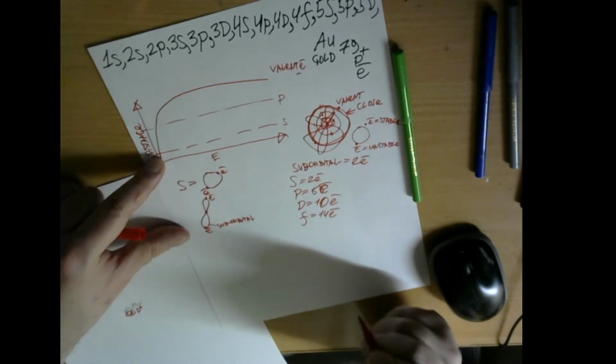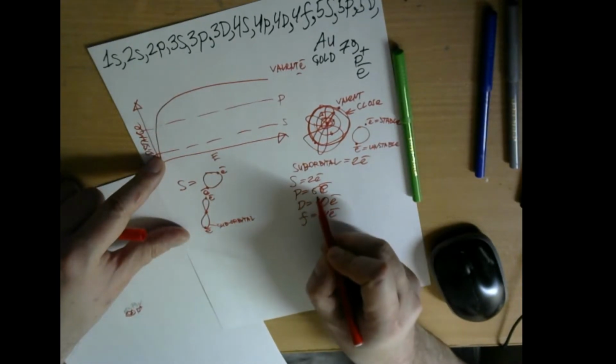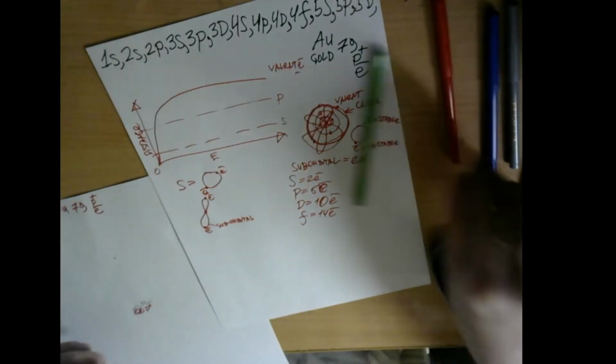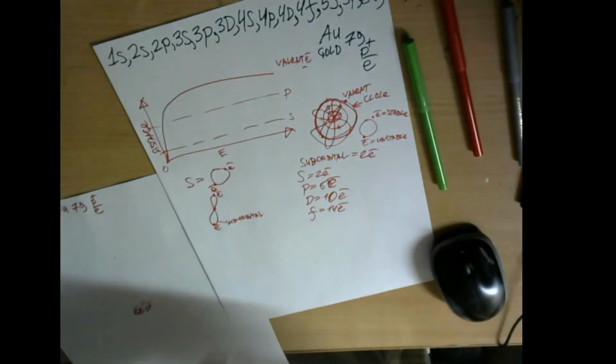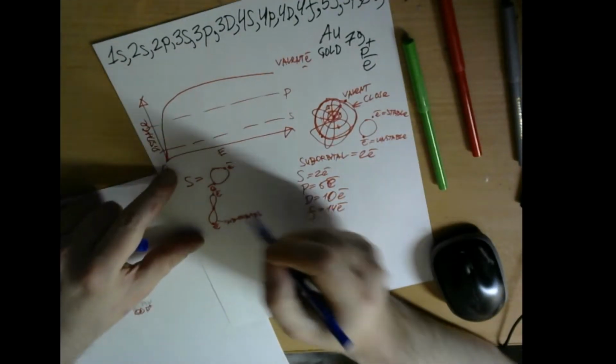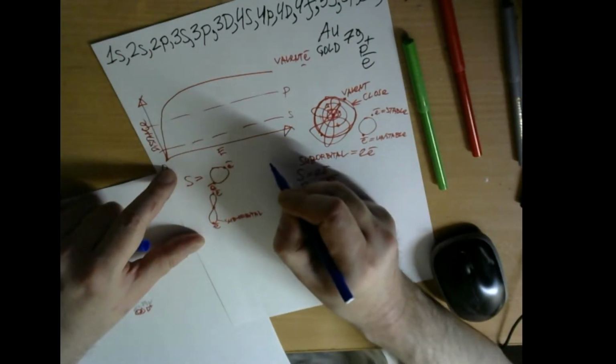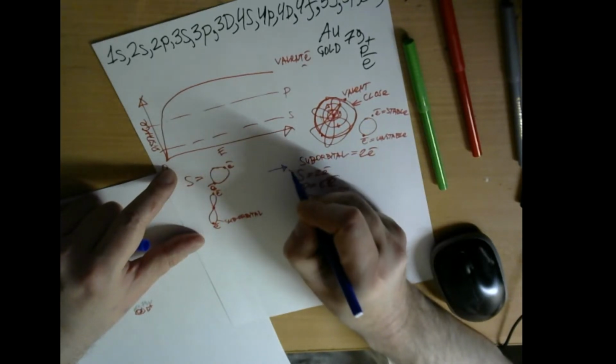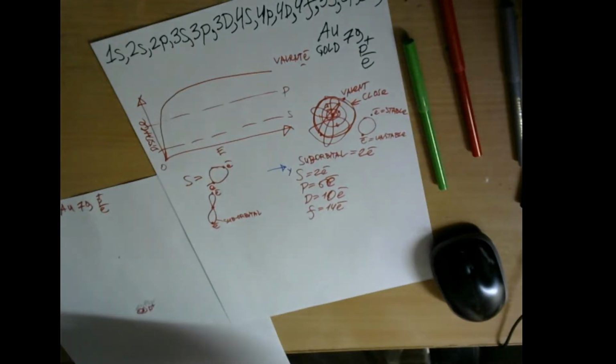But a p orbital will have 6 electrons, and it's quite easy to understand why it will have 6. Let me draw you here. For example, this would be y-axis.